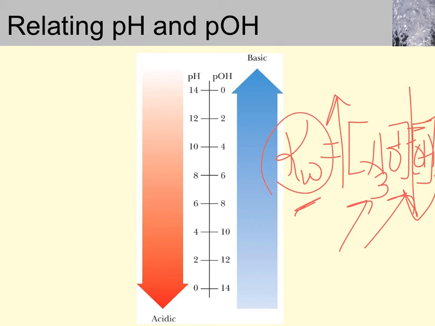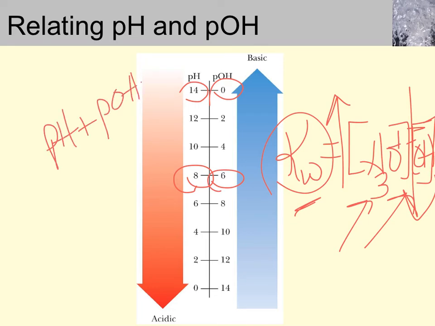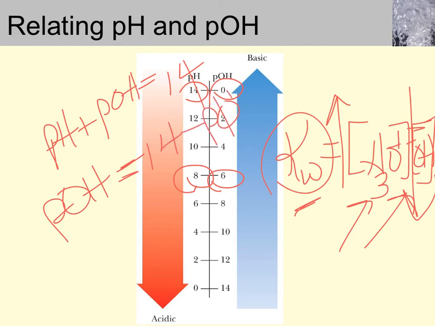And that is, of course, the case. If you have a pH of 14, you will find that your pOH is 0. If you have a pH of 8, your pOH is 6. So remember the equivalency, pH plus pOH equals 14, that's at room temperature. So you can solve for one of them from the other. pOH would be then 14 minus pH.